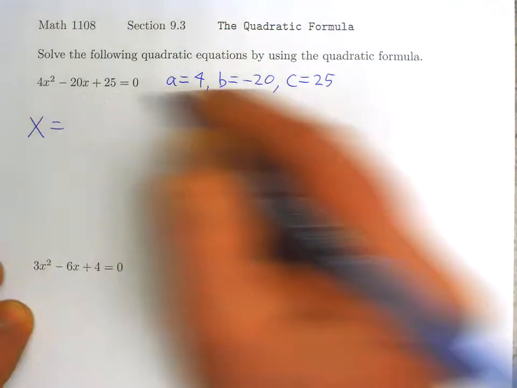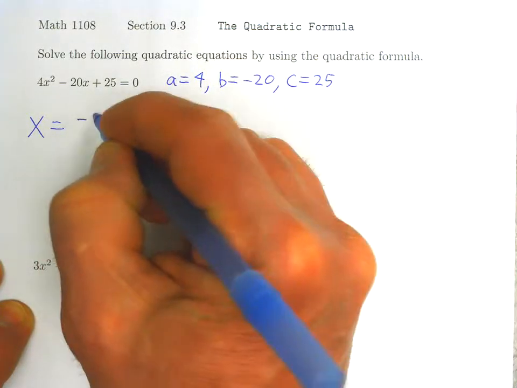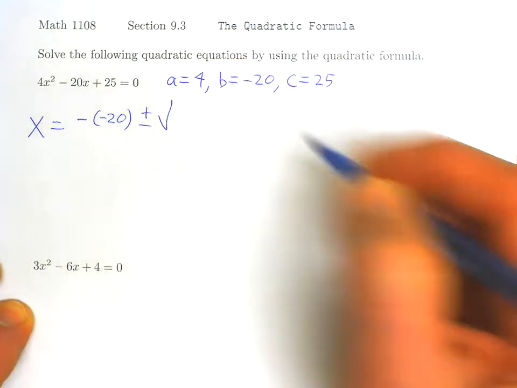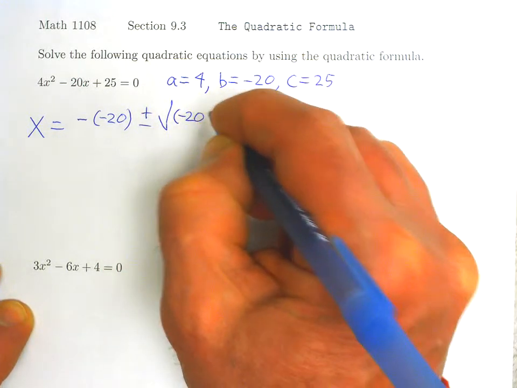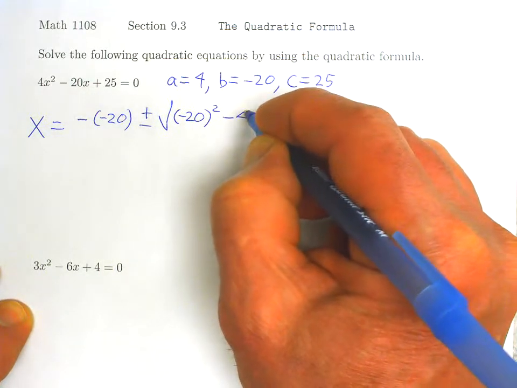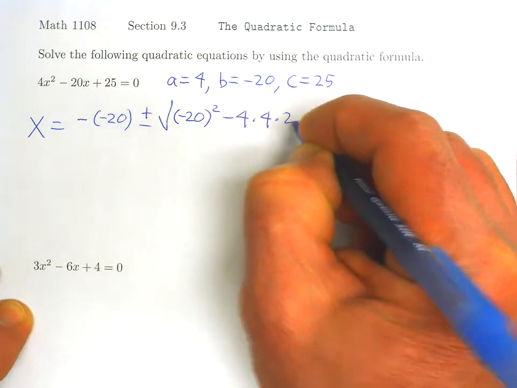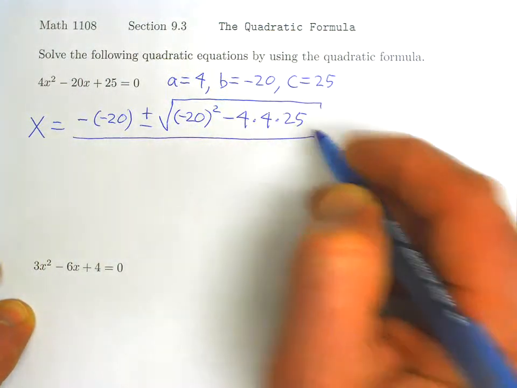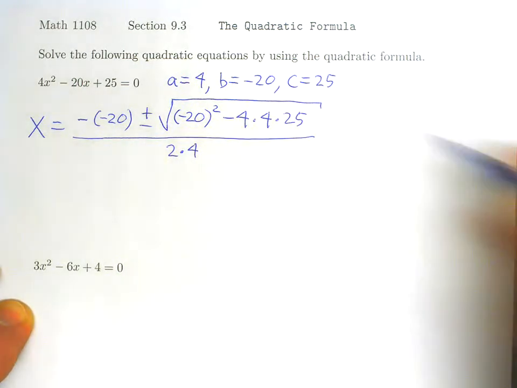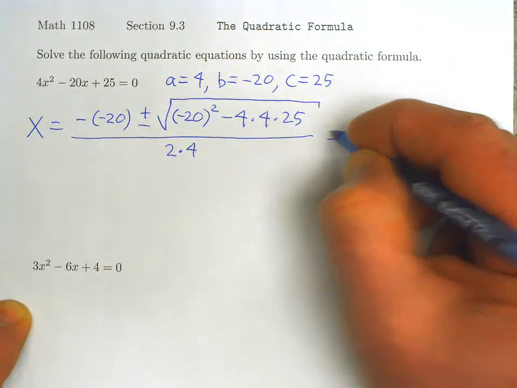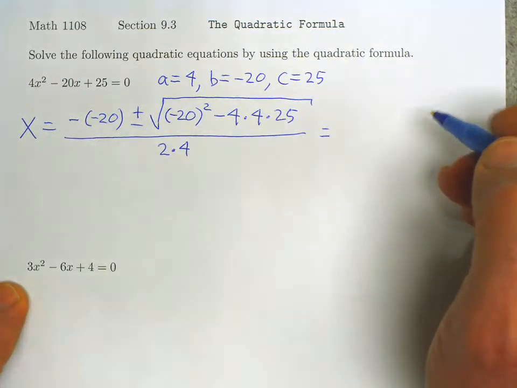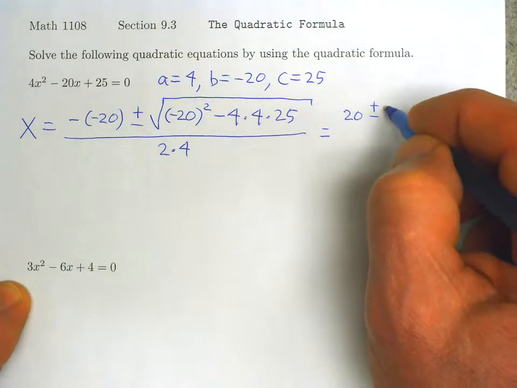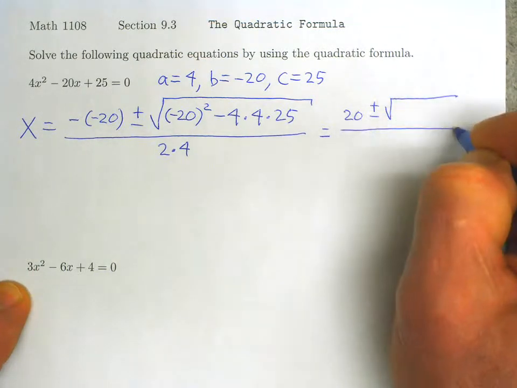So x equals the negative of negative 20 plus and minus the square root of the number negative 20 squared minus 4 times 25, all divided by 2 times 4. And then the arithmetic, the negative of negative 20 is 20, and then plus and minus the square root of some number, all divided by 8.